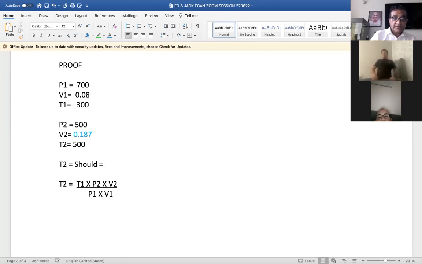So if we've done the transposition correctly, we use the formula. T1 is 300, multiplied by P2. P2 is 500, multiplied by V2. Now V2 we found as 0.187. That's what we found as the answer.